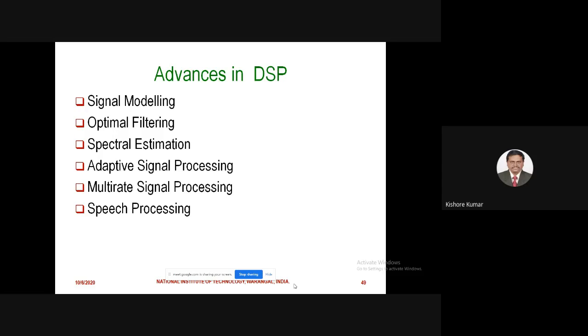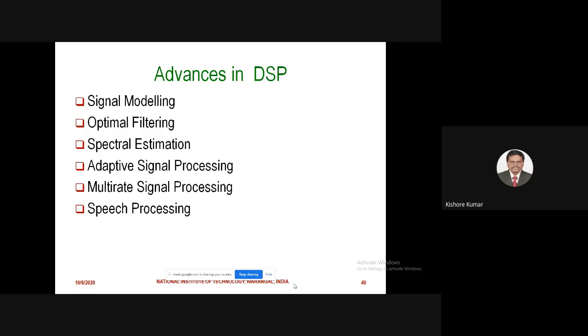Any system can be represented in terms of input and output, and from that I can represent three different approaches: auto-regressive, auto-regressive moving average, and moving average. We will discuss all these in spectral estimation.